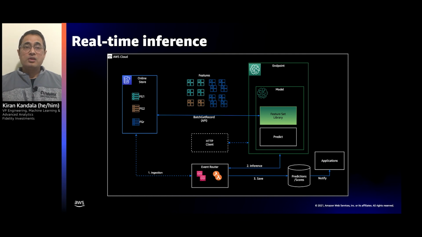Once the event router gets back a response of the prediction from the SageMaker endpoint, it is saved to a store. And then the downstream applications that have subscribed for this are notified. The applications use this prediction, which is defining the customer intent, to be able to provide customer service and experience.